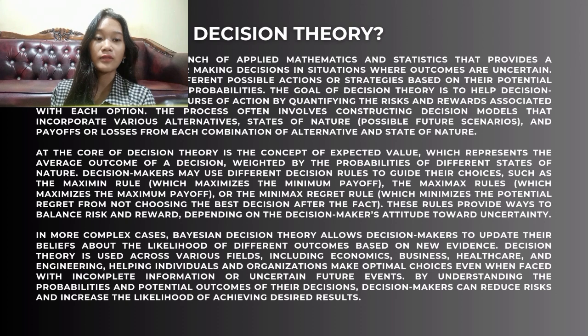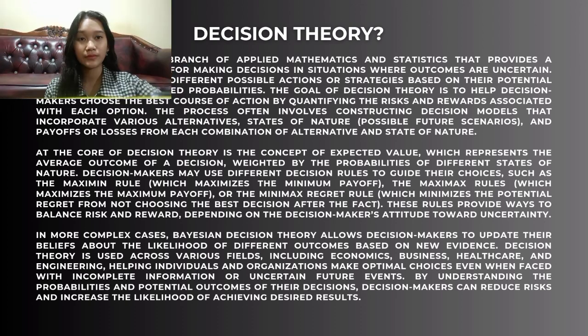The process often involves constructing decision models that incorporate various alternatives, states of nature, and payoffs or losses from each combination of alternative and state of nature. At the core of decision theory is the concept of expected value, which represents the average outcome of a decision, weighted by the probabilities of different states of nature.